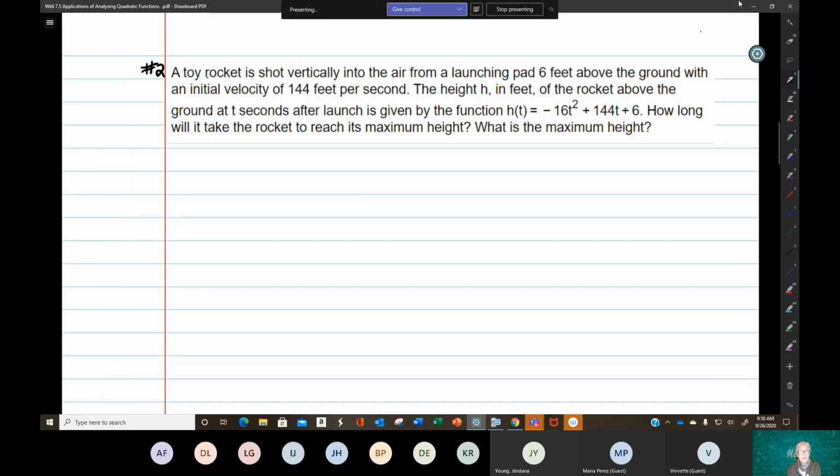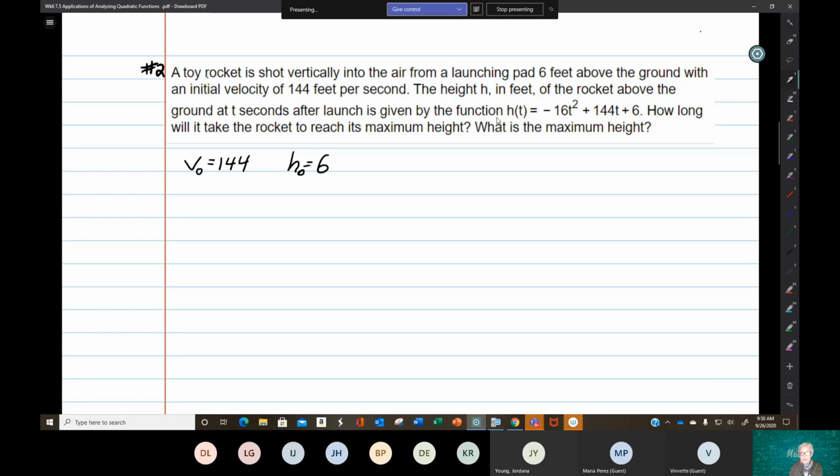A toy rocket is shot vertically into the air from a launching pad 6 feet above the ground, with an initial velocity of 144 feet per second. Good. Now we know that V sub 0 is 144 and H sub 0 is 6.